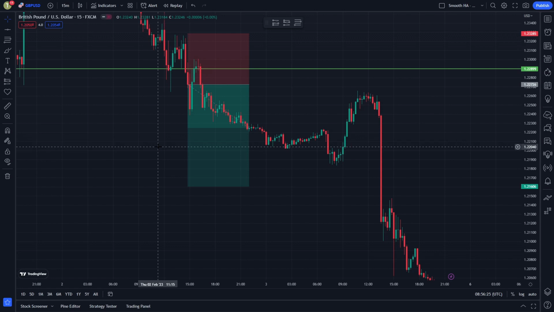And of course, we can scale out more than twice. Just like scaling in, obviously the more times we look to scale out, the more complexity we add, and it can get a little bit overwhelming. But in place of just having a single exit point and relying on the market to hit a single level or a single R, we can look to protect ourselves and also let the trade run if we think it's got more momentum in it.